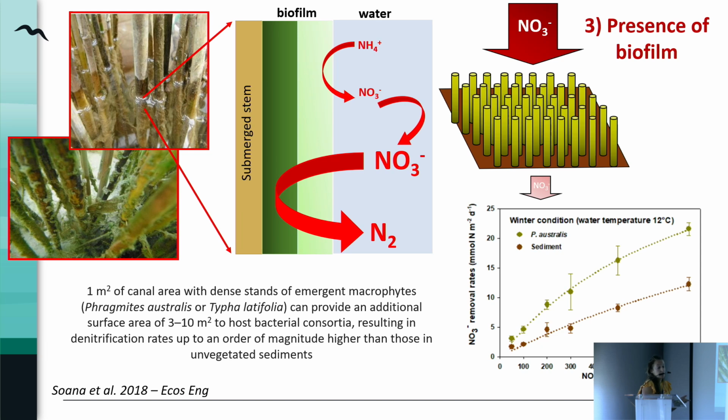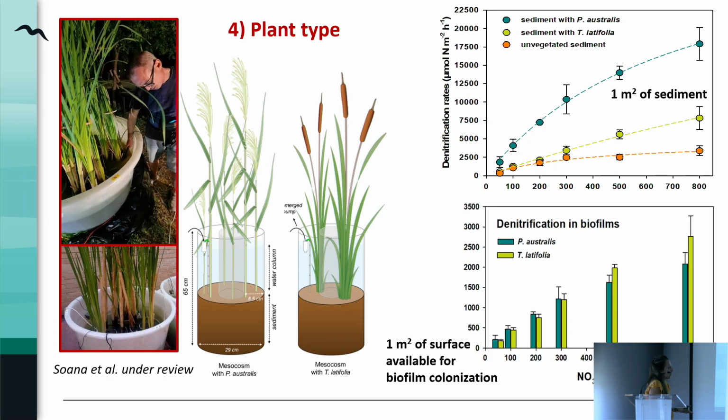And this results in denitrification rates up to one order of magnitude higher than in bare sediment. And denitrification capacity can also be maintained outside the growing period because it's supported by bacteria that work, even if less, also at lower temperature.